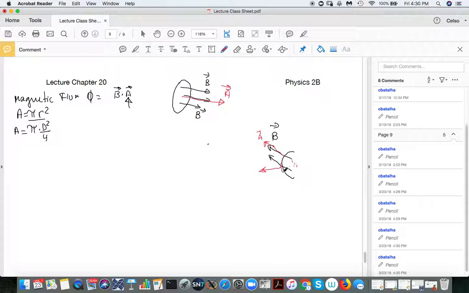That's the perpendicular to the surface. The perpendicular to the surface depends on where you are trying to indicate the surface area. It's always perpendicular, making a 90 degree angle with the surface.